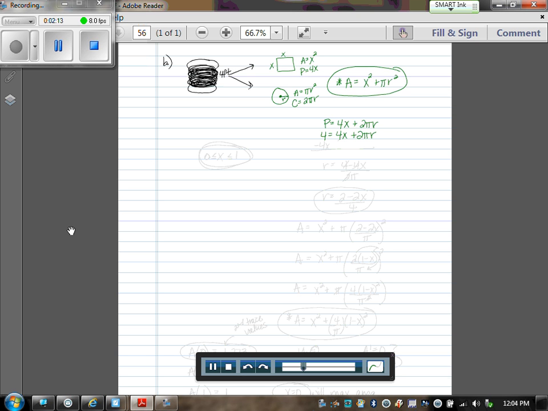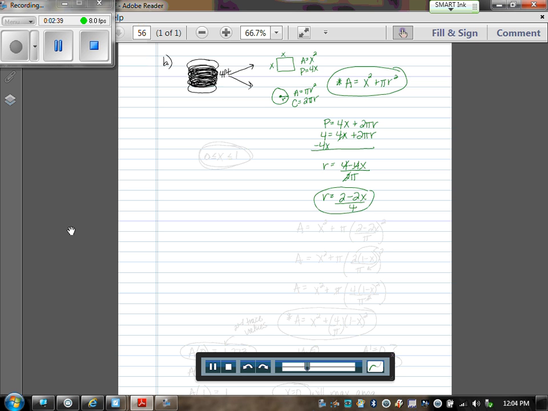I'm going to go ahead and solve for r by subtracting 4x from both sides, and dividing both sides by 2 pi, and I get r equals 4 minus 4x over 2 pi. If you notice that all 3 of these can be reduced by 2, and so I actually get r equals 2 minus 2x over pi.